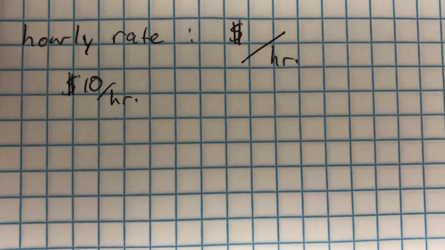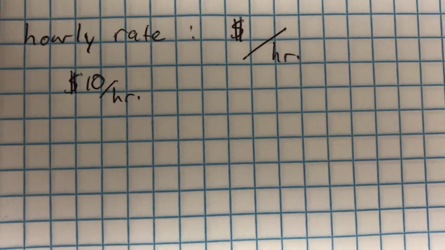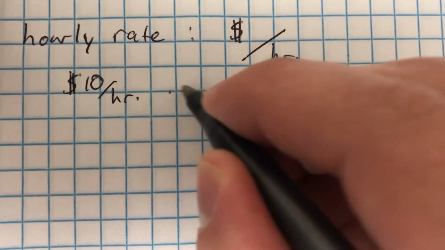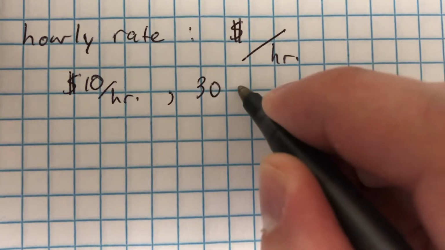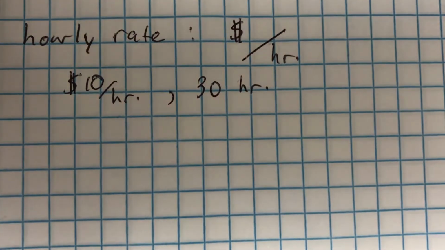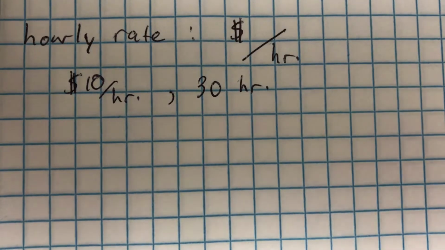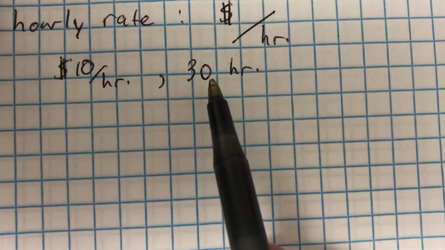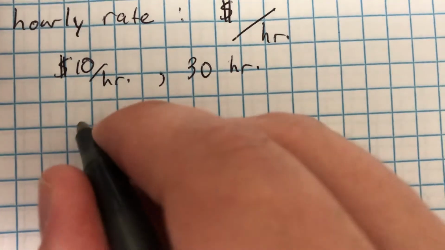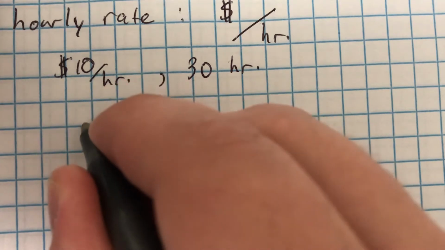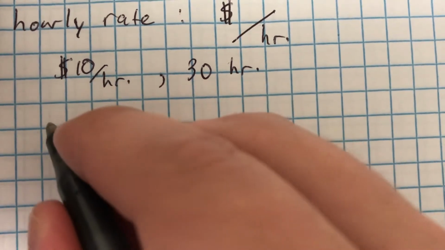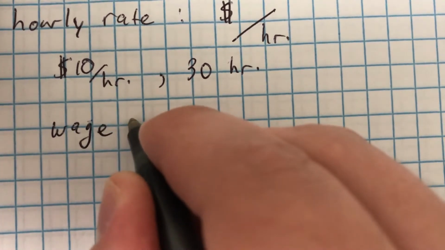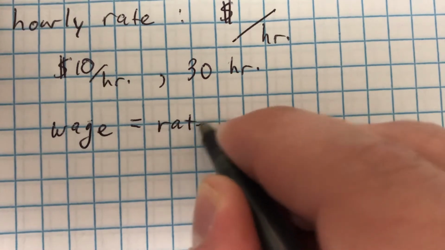Now, let me figure out how much money I make in a given week. Let's say I worked 30 hours in the week. The way to figure out how much money I'd make in the whole week is I'd multiply my hourly rate by how many hours I worked. Mathematically, it's kind of interesting since we're using a fraction here. Let's say my wage is equal to rate times time, okay?